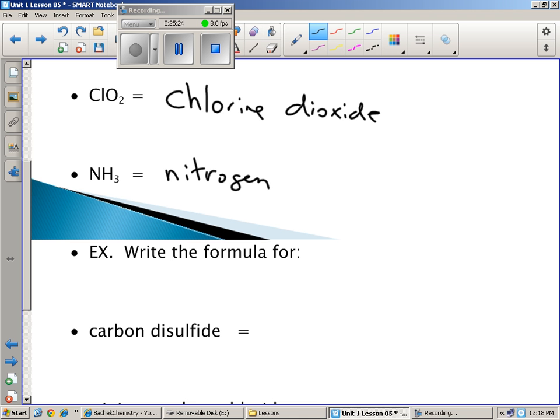Nitrogen, no prefix, only one. Trihydride, you'll like it. Trihydride. Nitrogen trihydride. Also very commonly, I want you to know this name. I'm never going to ask you to name it this way, but you should know that nitrogen trihydride, NH3, is also known, very commonly, as ammonia.